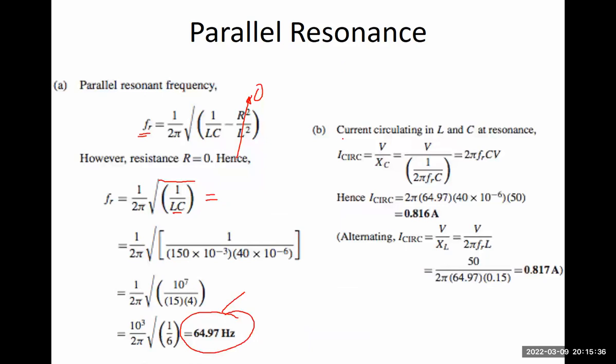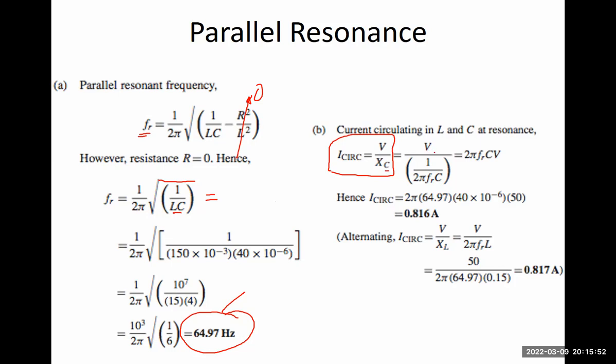To determine the current circulating in L and C at resonance, we can make use of this: the current is equal to V over XC.